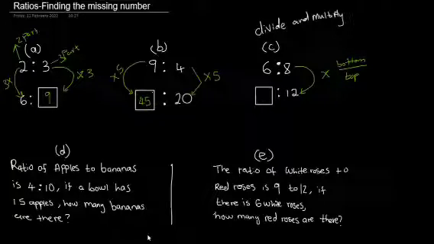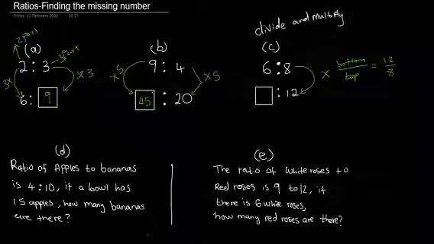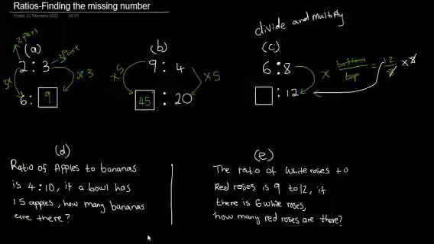What do I mean by that? We multiplied by the number 12 divided by the number 8. So think about it: if we take 12 over 8 and multiply the number 8, the 8 will cancel and we are left with the number 12, which is our answer right there.